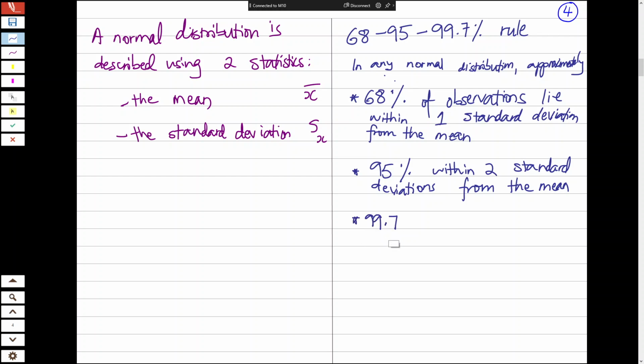And 99.7% within three standard deviations from the mean. Yes, you can. I will. Yeah, so you can go. Okay. All right. So this is the rule.